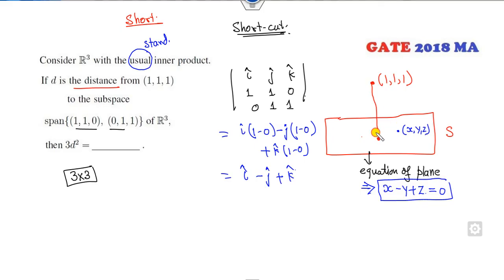Now how can you find the perpendicular distance? That's again simple. You substitute the point: 1 minus 1 plus 1 divided by the square root of 1 plus 1 plus 1.